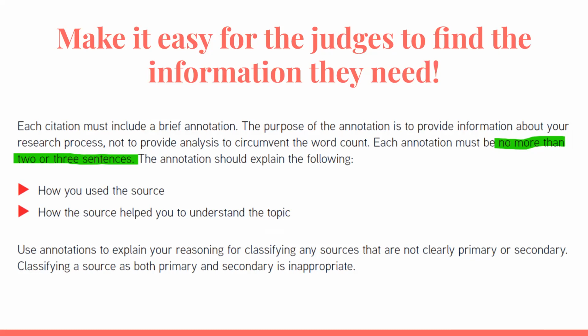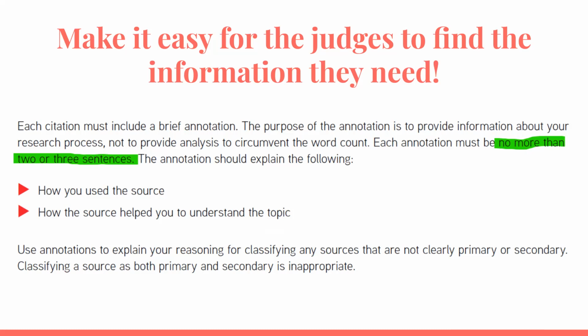But the purpose is to provide information about your process, not to give more analysis or to get around the word count. So each annotation must be no more than 2 or 3 sentences long. What you need to focus on in that annotation is how you use the source and how the source helped you understand the topic. That's it. That's what you need to put in there.